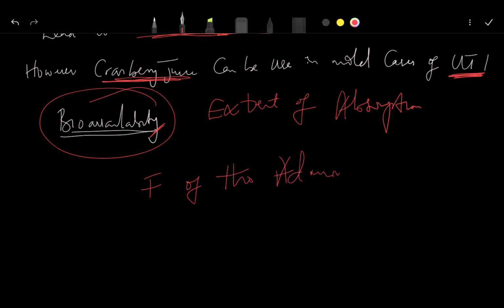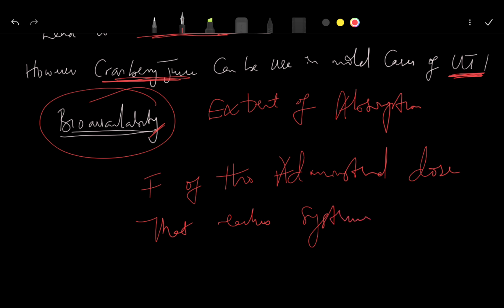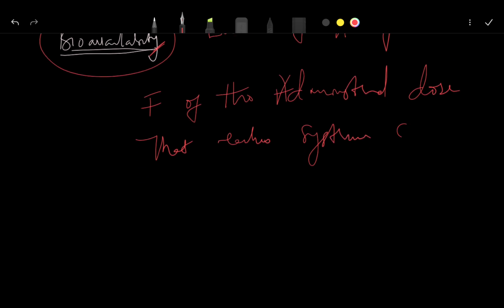So it is the fraction of the administered dose that reaches systemic circulation unchanged. Okay, take note, it is the fraction, not amount. It is the fraction of the administered drug that reaches the systemic circulation unchanged.